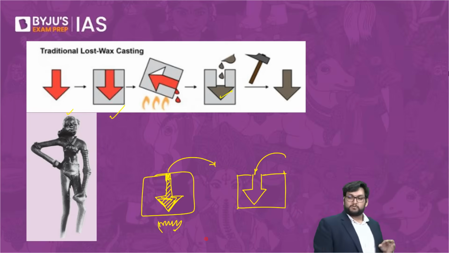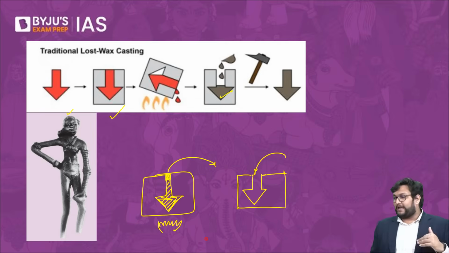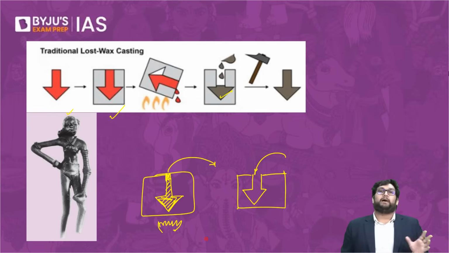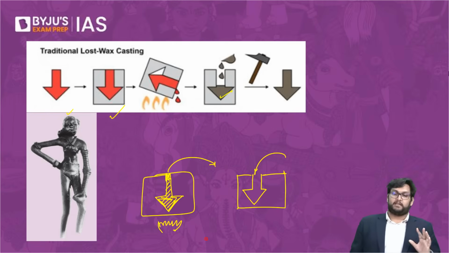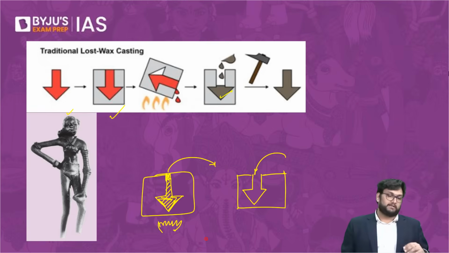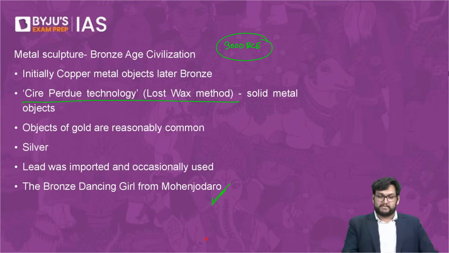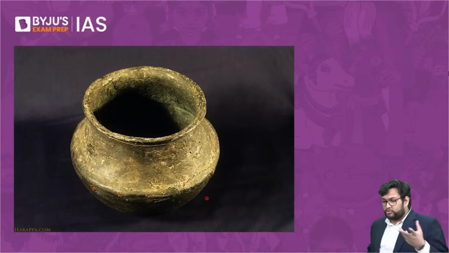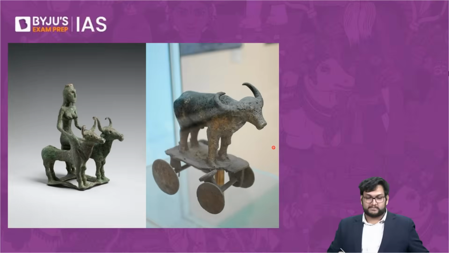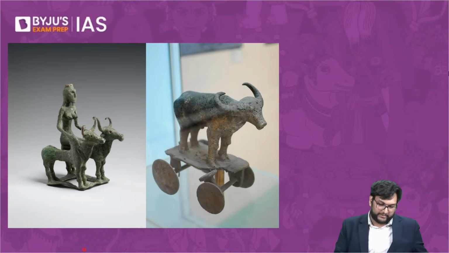This technique was common during this period and will be taken generationally forward by different artisans, and somehow the imperial Cholas were still using this technique, which shows you the persistence and the effectiveness of this method itself. So through this we were seeing copper, silver and bronze objects being made, but we also have pure copper also. These are copper. How do we know it is copper? Can anybody tell me?